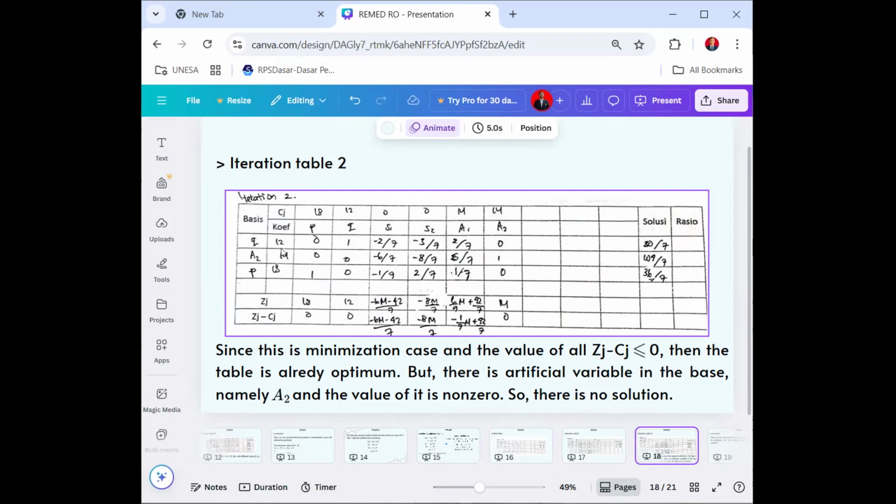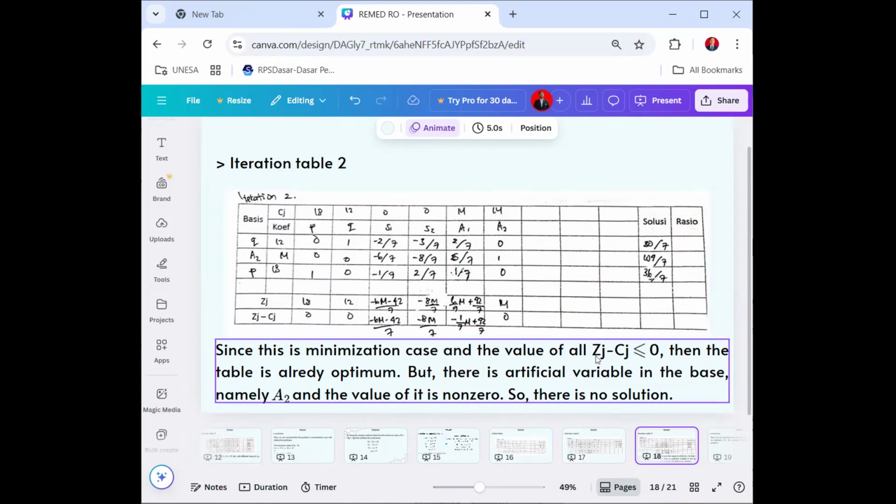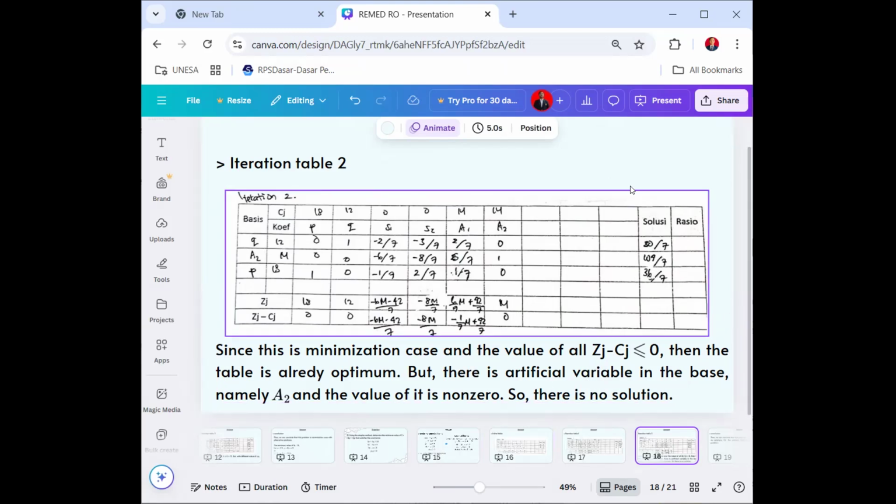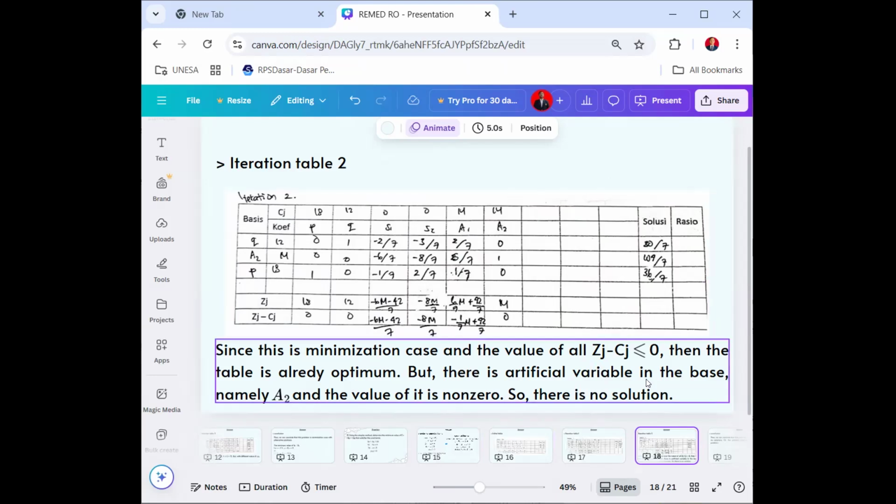And the value of A2 is non-zero, as you can see here, 104/7, I think. So from what I have learned, there is no solution for this case.